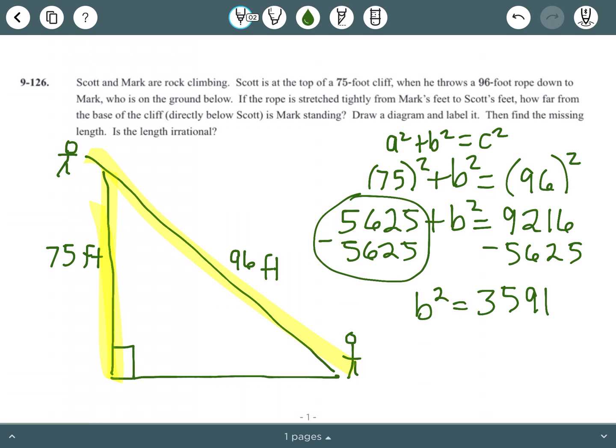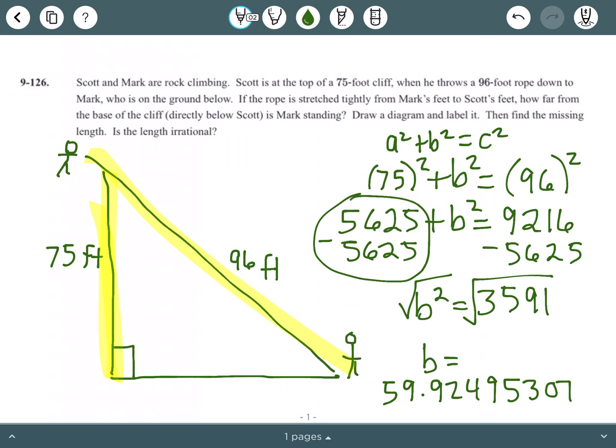So to get just the length, we're going to unsquare, and to do that, we take the square root. That leaves us with b, and equals, I'm going to put in the square root of 3,591. That's going to give me 59.9249 5307.